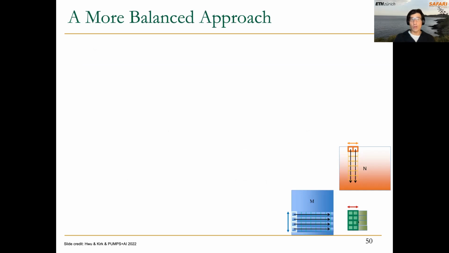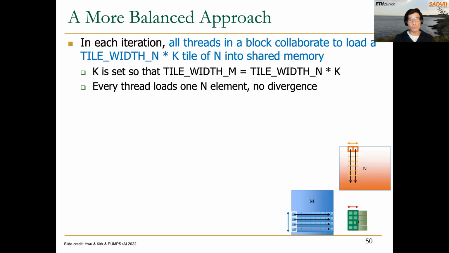A way of making this approach more balanced is to have threads loading more than what is needed in each individual iteration, in each step. So now what we do is that in each iteration, all threads in the block collaborate to load tile width N times K elements of N into the shared memory.